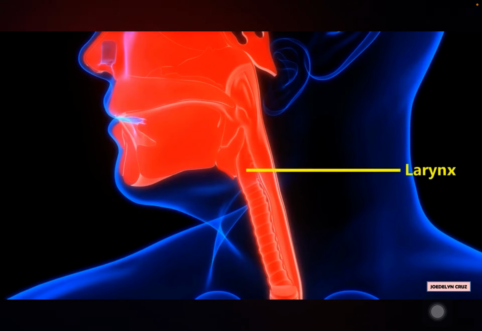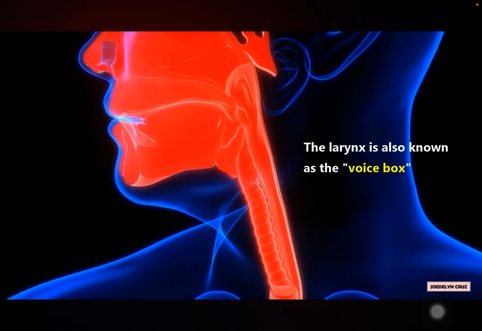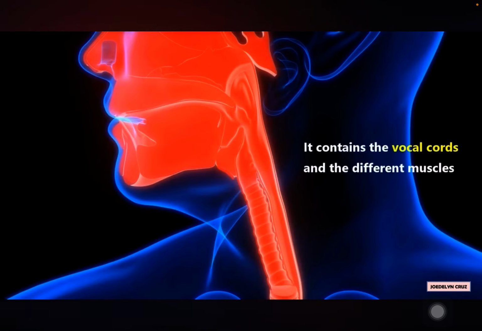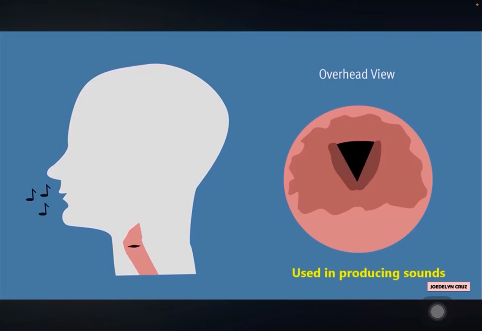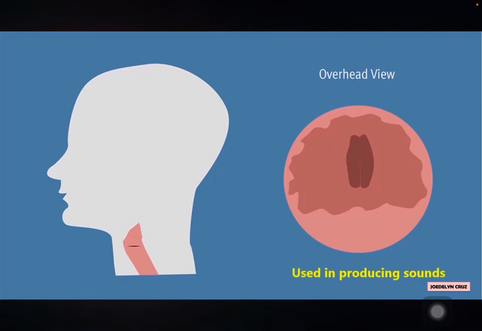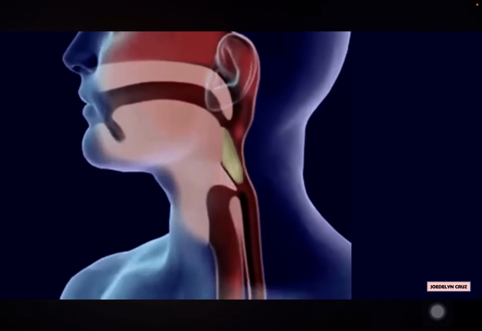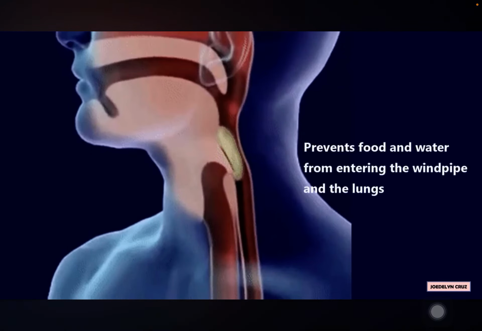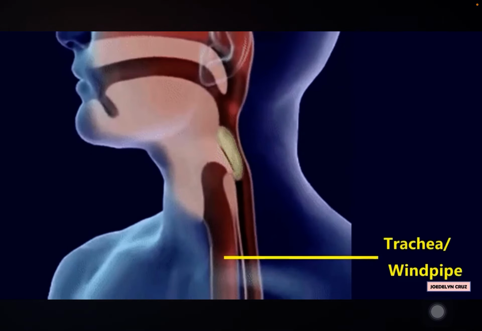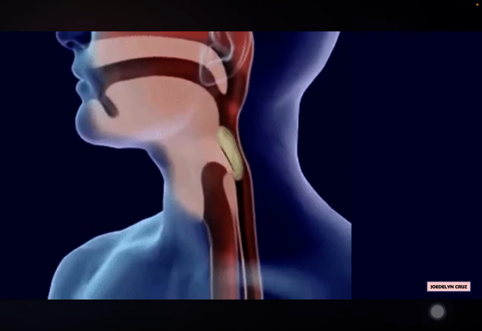Larynx. The larynx is also known as the voice box because it contains the vocal cords and the different muscles used in producing sounds. The epiglottis, a cartilage found at the top of the larynx, prevents food and water from entering the windpipe and the lungs.